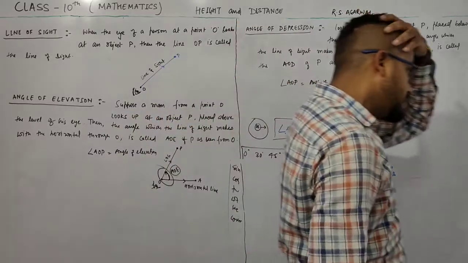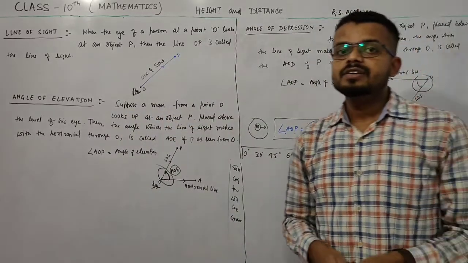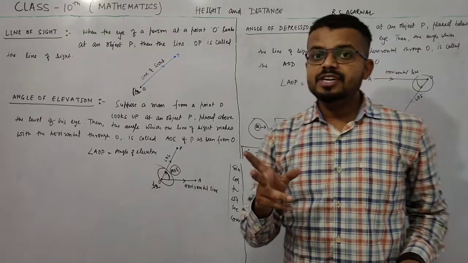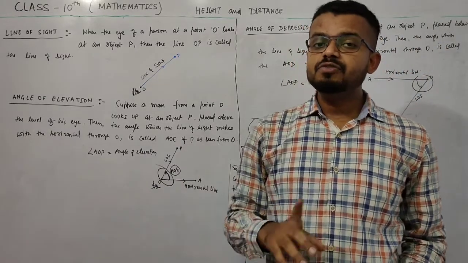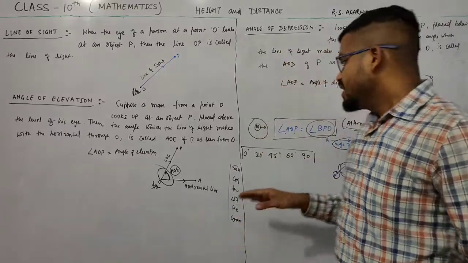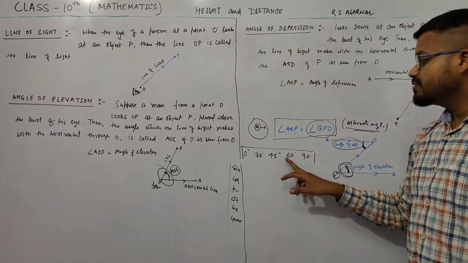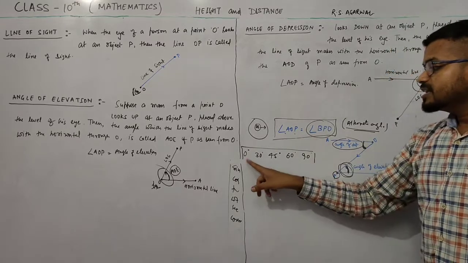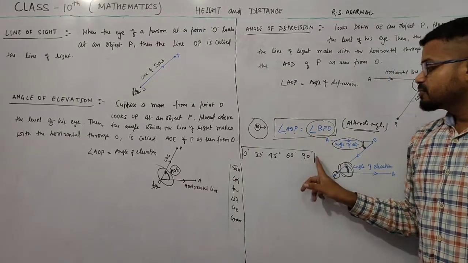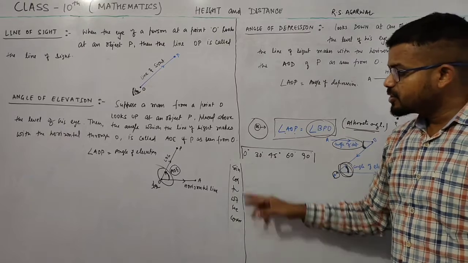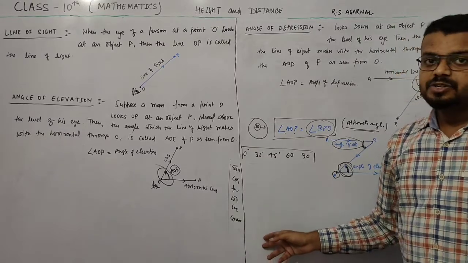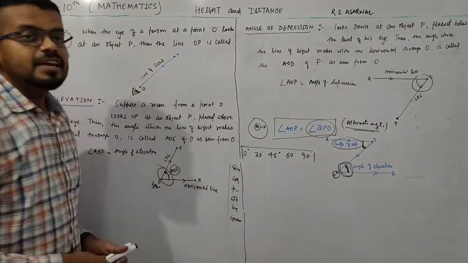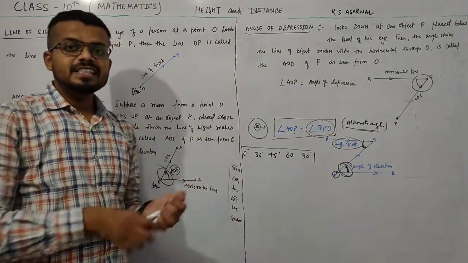Now in this chapter we use the value of trigonometrical ratios for some specific angles like 0 degree, 30 degree, 45 degree, 60 degree, 90 degree. There are five specific angles for which we need to know the values of the trigonometrical ratios. I think you all learned this in the previous class, in the 9th class.